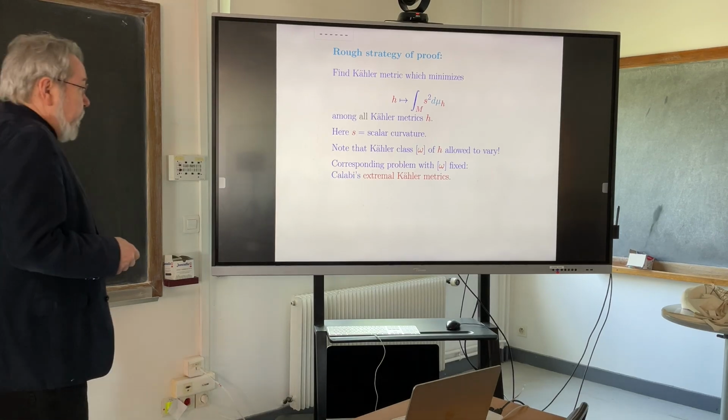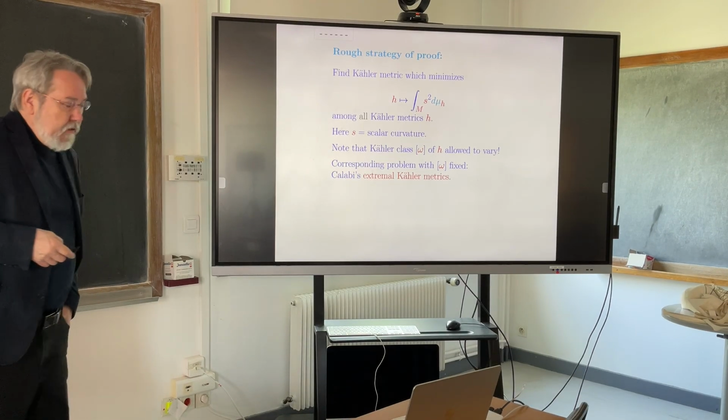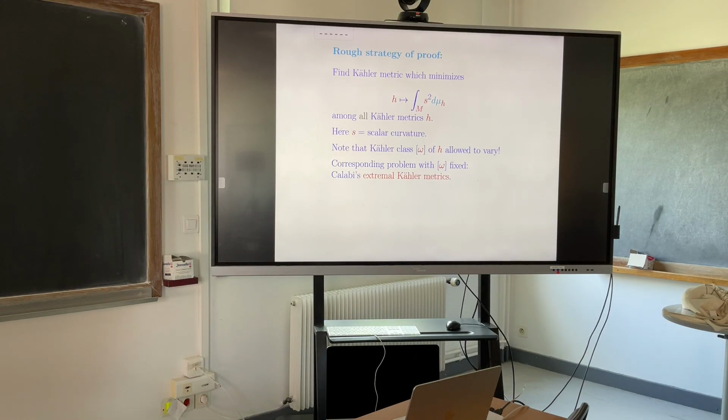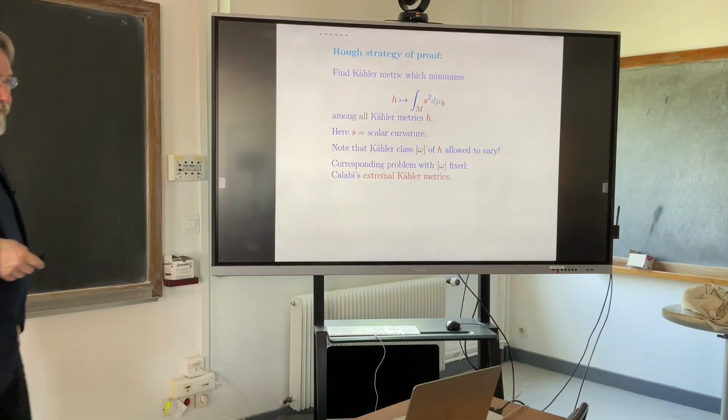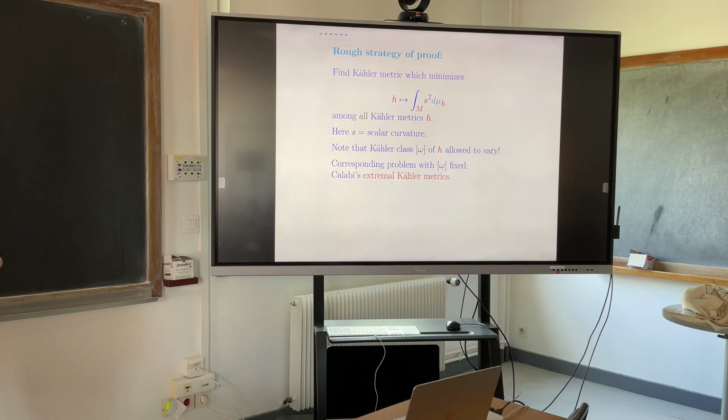That was introduced implicitly by Eugenio Calabi in the 1950s, but he only made it explicit in a paper in the early 80s. So this is a problem that has a lot of history to it. But in Calabi's problem, one fixes the Kähler class and tries to minimize this functional. Here, we're asking to minimize it while also varying the Kähler class.